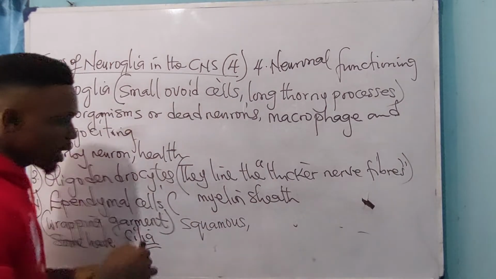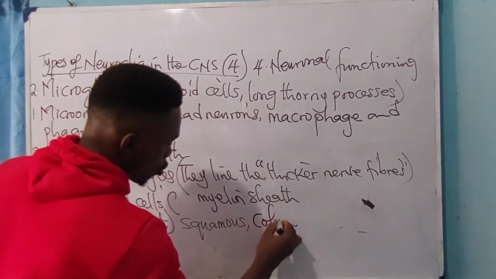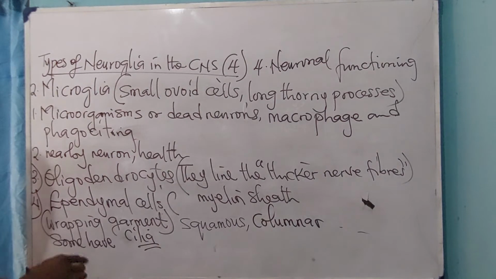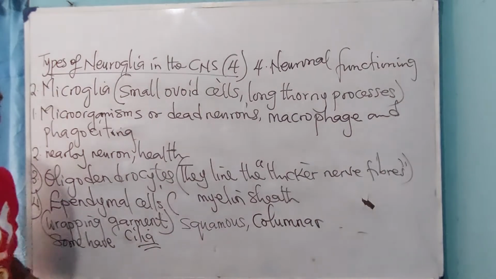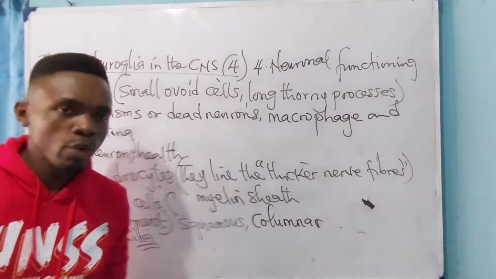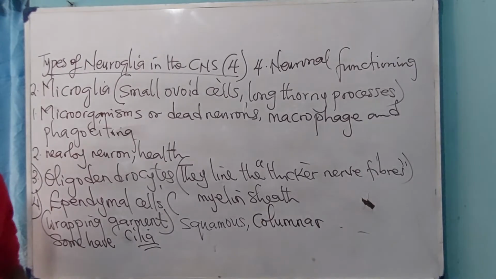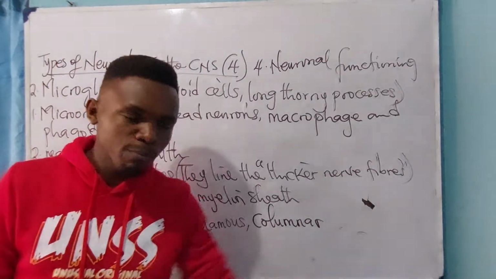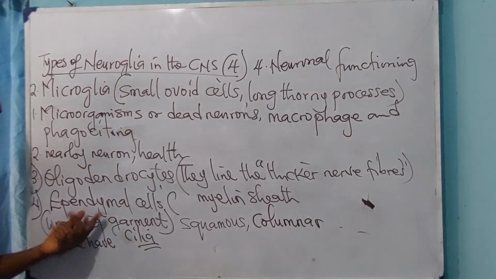Now please, these ependymal cells range from some being squamous in form, while some are columnar in form. They'll ask you which type of neuroglia in the central nervous system ranges from squamous to columnar form. It is the ependymal cells.